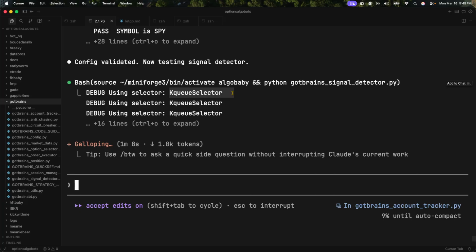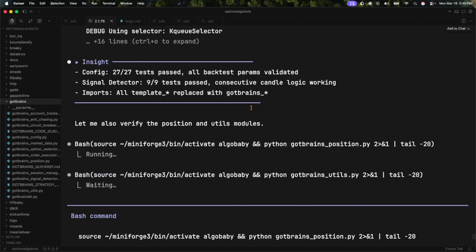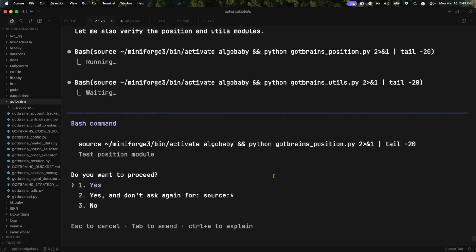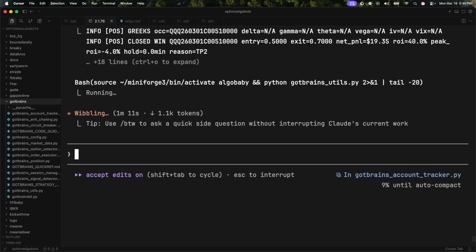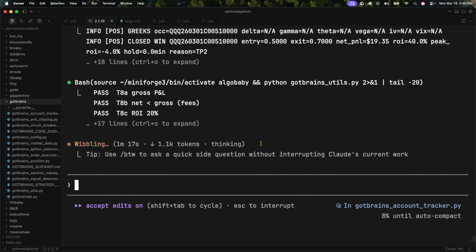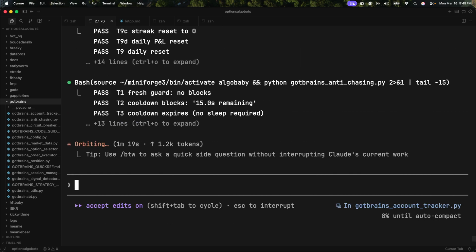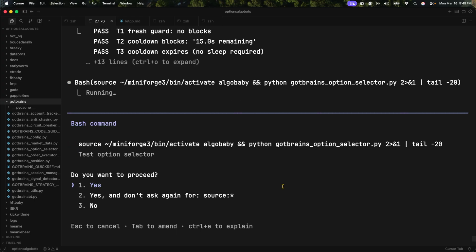Using K selector, KQ selector. Consecutive logic. Let me do the position. Okay, bet. So I gave you a clean bill of health, fam.